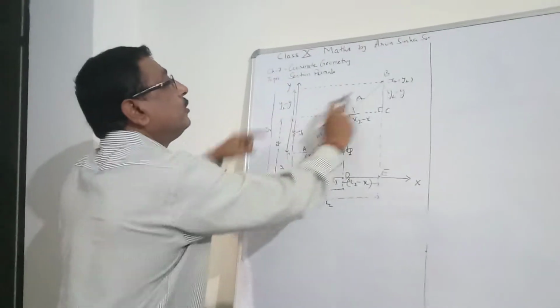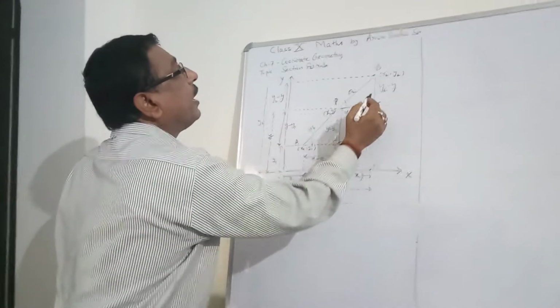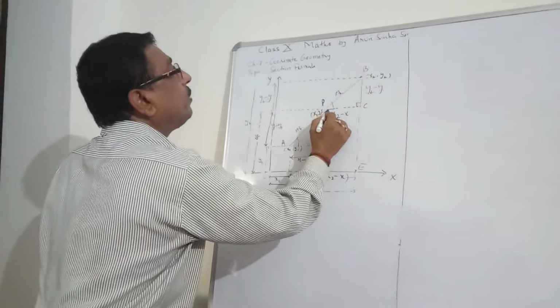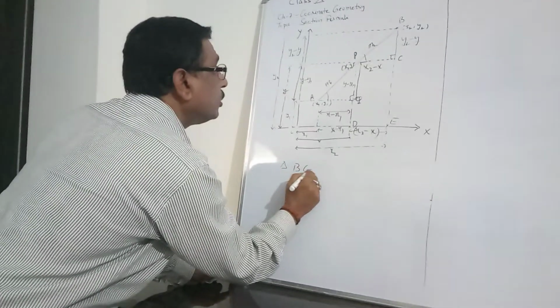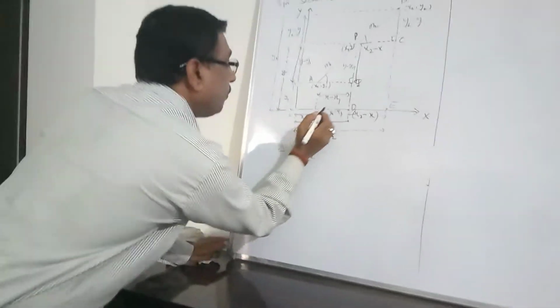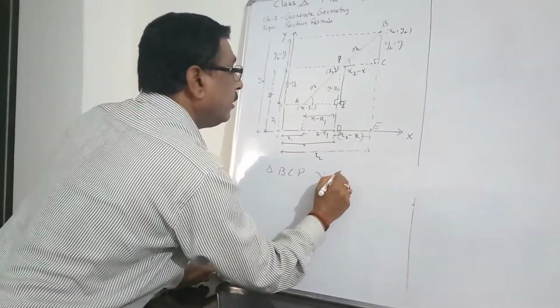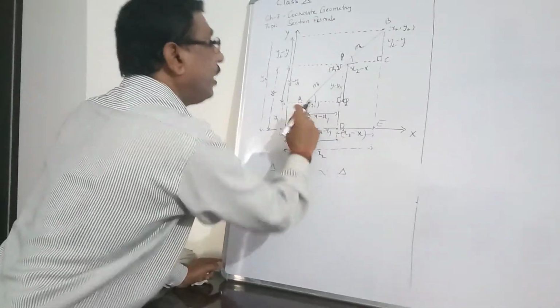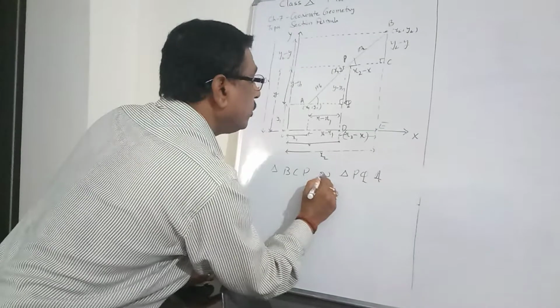Okay children. So now you can consider the two triangles PQA and triangle BCP. You can see children, these two triangles are similar.